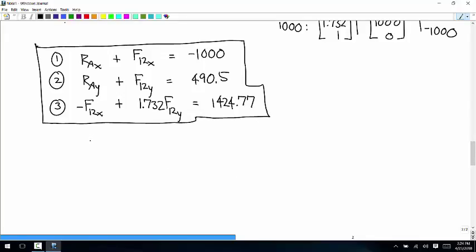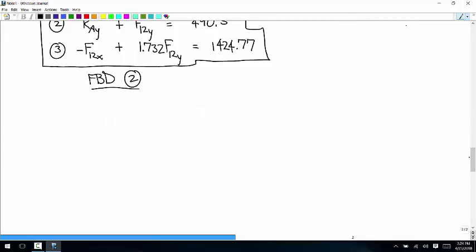And now the free body diagram of the second one. Over here we have RC. Over here we have negative force F12.